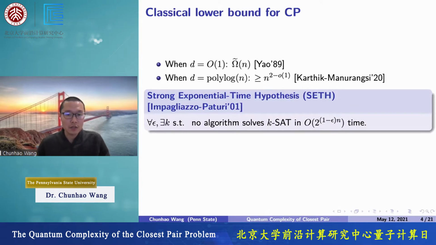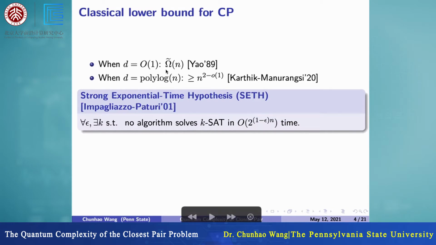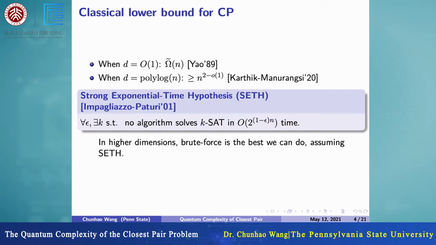This hypothesis was proposed by Impagliazzo and Paturi in 2001. SETH is basically saying that you cannot solve k-SAT faster than 2 to the n time. This hypothesis is very plausible.